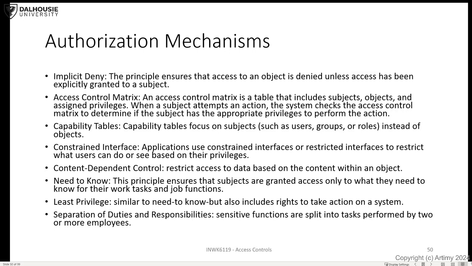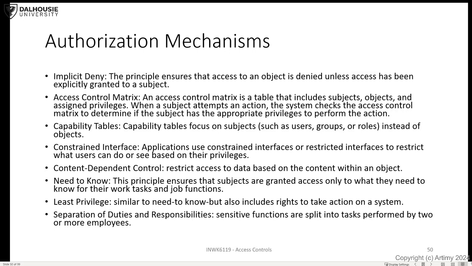You can allow users to log into a router, but they cannot go to enable mode. So there is a separate password for the enable mode. If they don't have that password, they cannot go to the enable mode. So that's something that I just thought about. Maybe a good, familiar example of a constrained interface. There is also something called content dependent control, right?